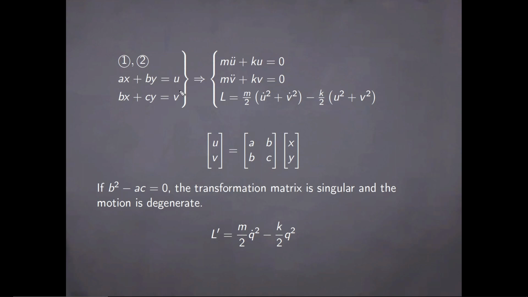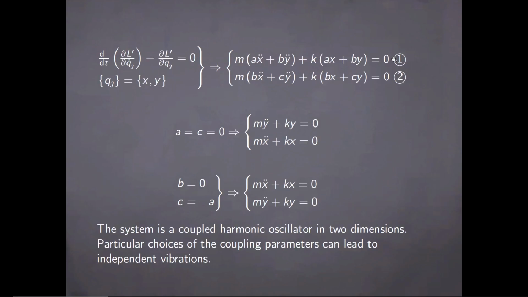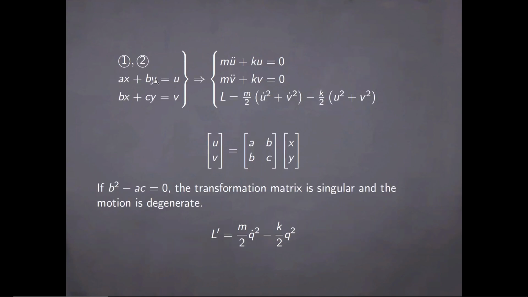And if we consider the two equations here, we can imagine a linear transformation of the coordinates of the type given here. So we can define a new set of variables, u and v, as functions of x and y using the parameters a, b, c.